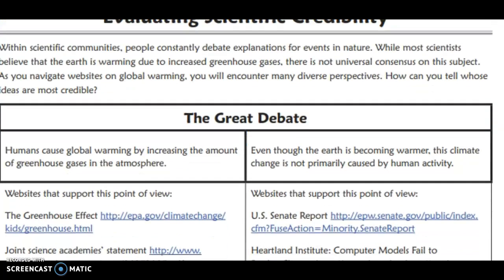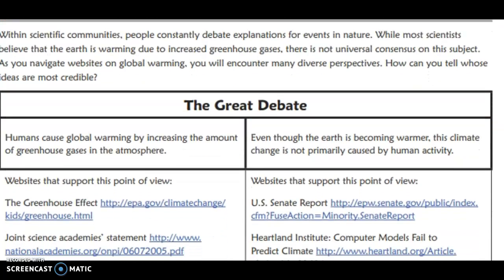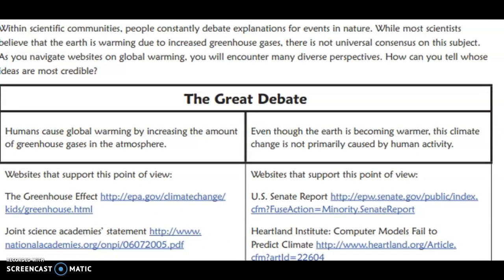So I thought that this would be a neat activity for you today, to practice going out onto the web, researching websites, and then being able to answer 4 short questions about the information that those websites are able to give you about this debate, right? About this disagreement in the science community, okay?